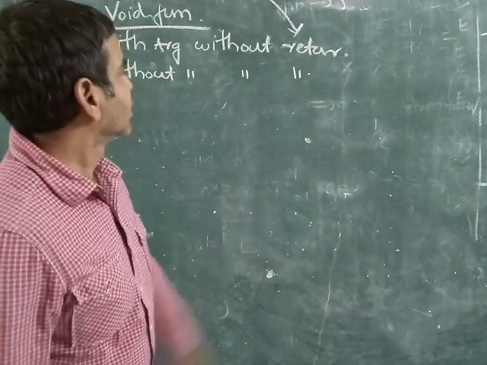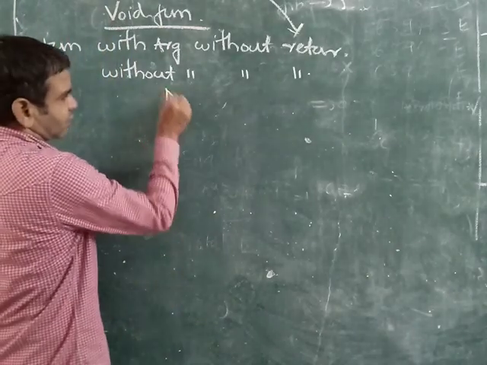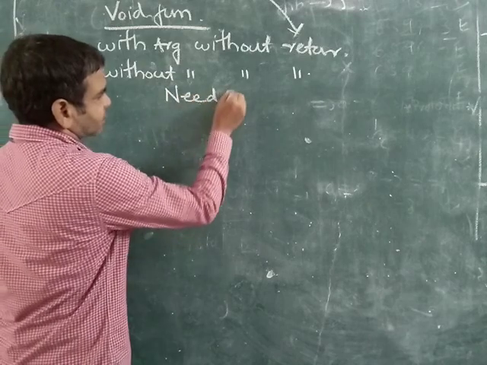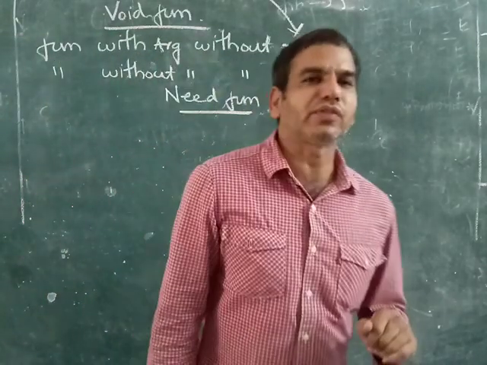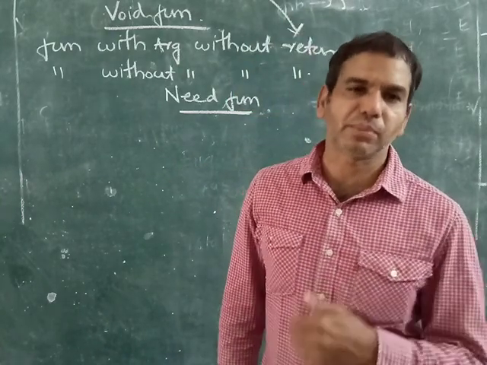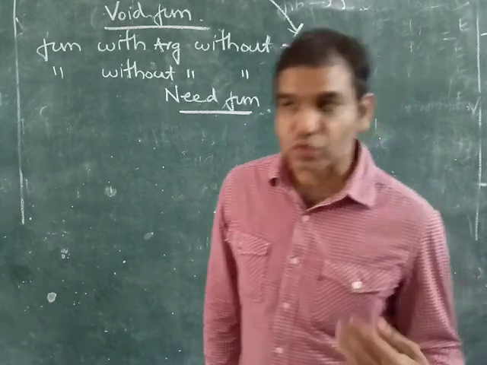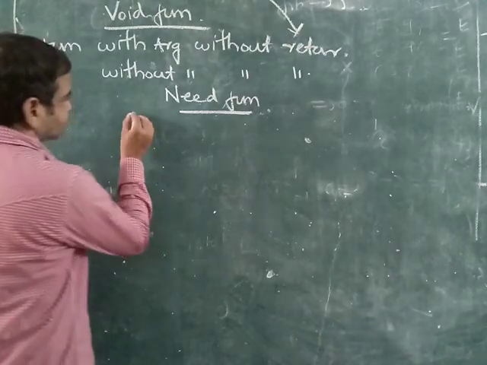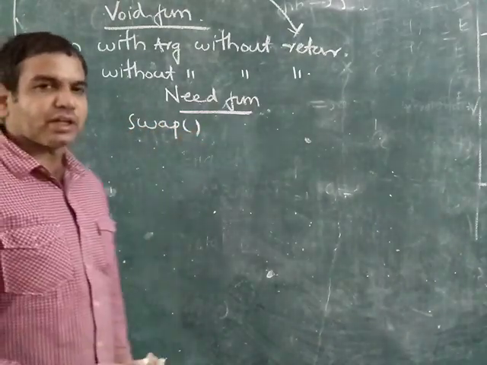So first, what is the need of void function? When are we using a void function? In some user-defined functions, we get a result of more than one value. Example, in Fibonacci series we get more than one value. Swapping of two numbers: after swapping we get two values.